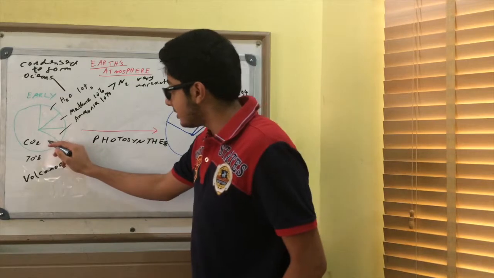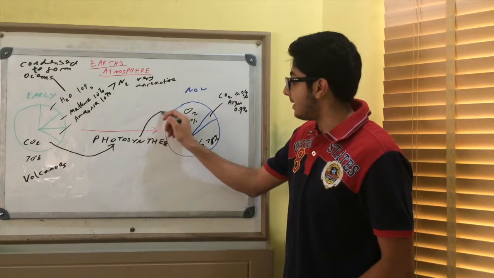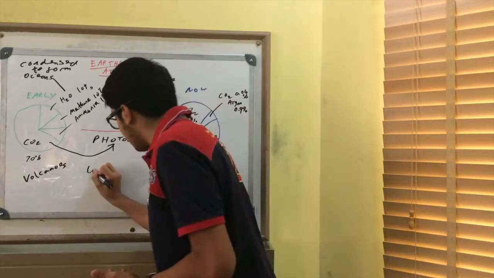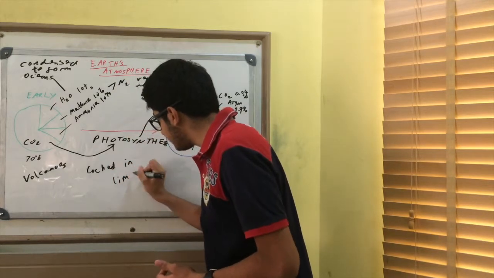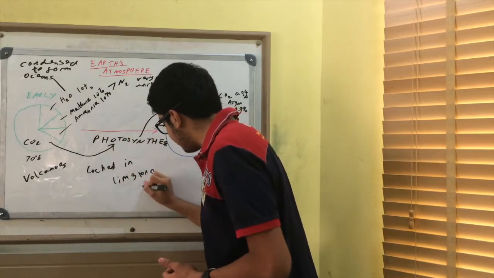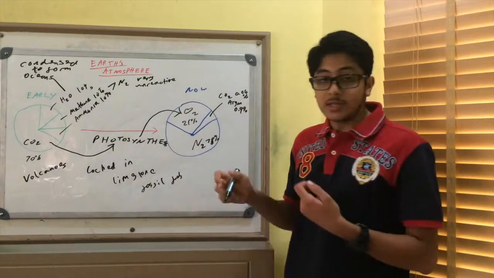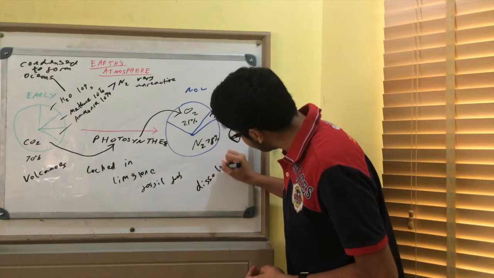So most of the carbon dioxide was taken in by plants, and oxygen was given out. And carbon dioxide was also locked up in sedimentary rocks like limestone and fossil fuels, as well as some carbon dioxide dissolving in the oceans.